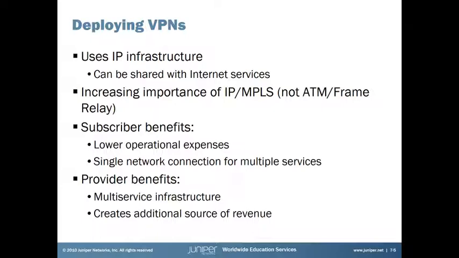We can share our VPN with internet services. Once upon a time, these services were provided by a service provider or a telecommunications carrier using ATM or frame relay. Now those same services are provided using MPLS.